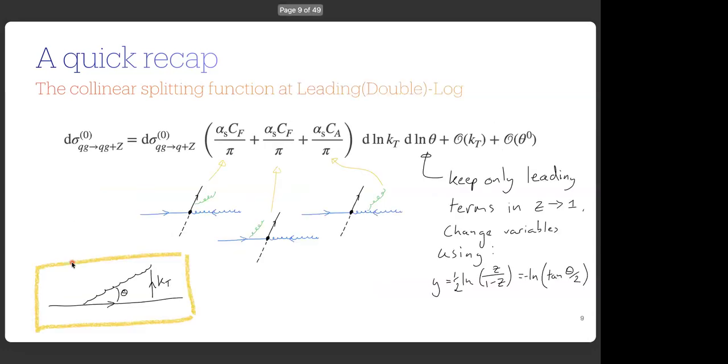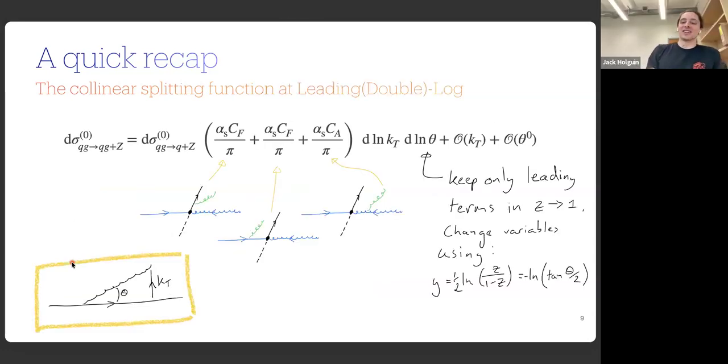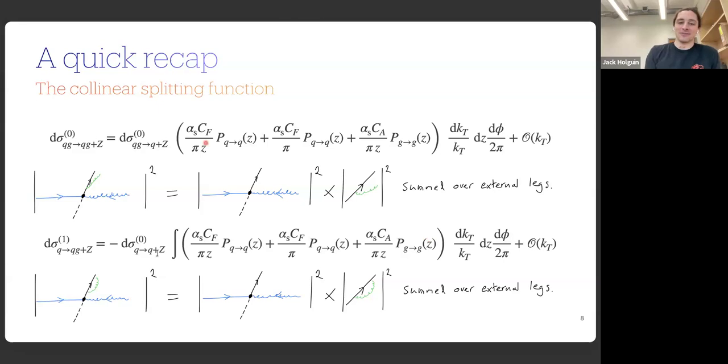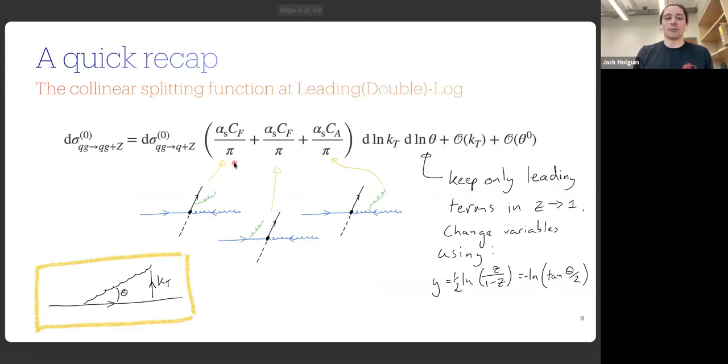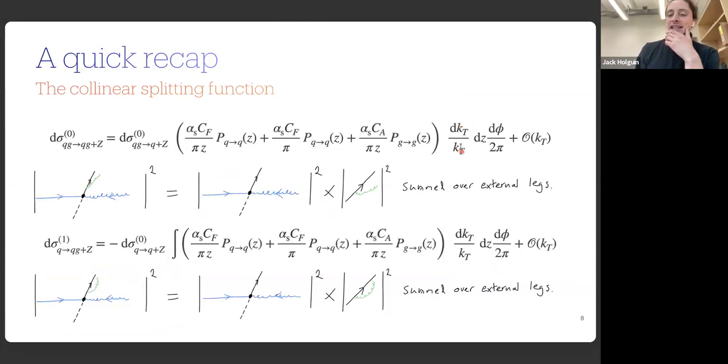Thank you. Yeah, so let's simplify this calculation down in a way that's going to help us in the later slides, because this currently looks a bit complicated, by approximating all these kernels, these splitting functions. And if we do that, we can write the entire cross section as equal to this. So we have this dkt over kt here.